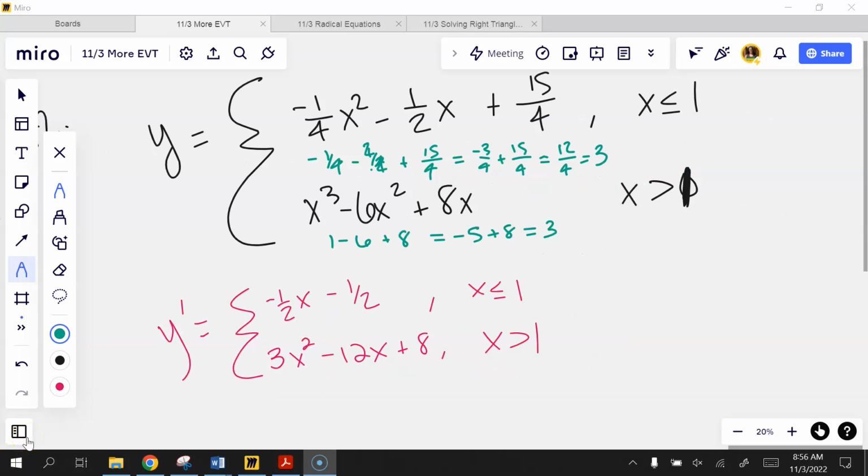Continuous and differentiable, but I still need to check these points to see if the sign is changing or not at these points, because these are potential critical points, even though it is continuous.